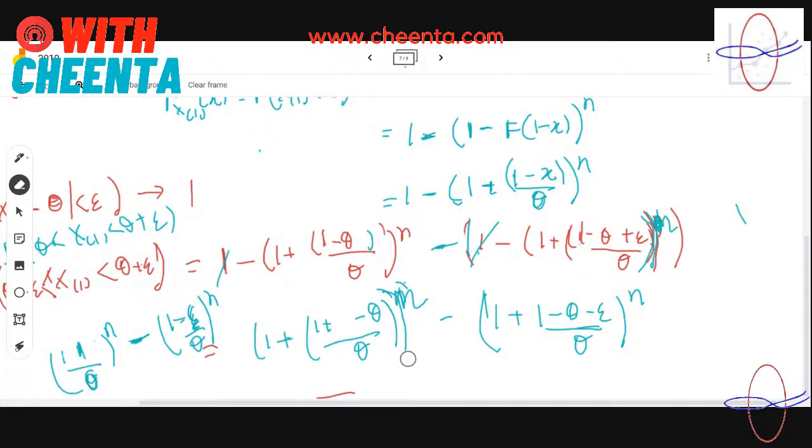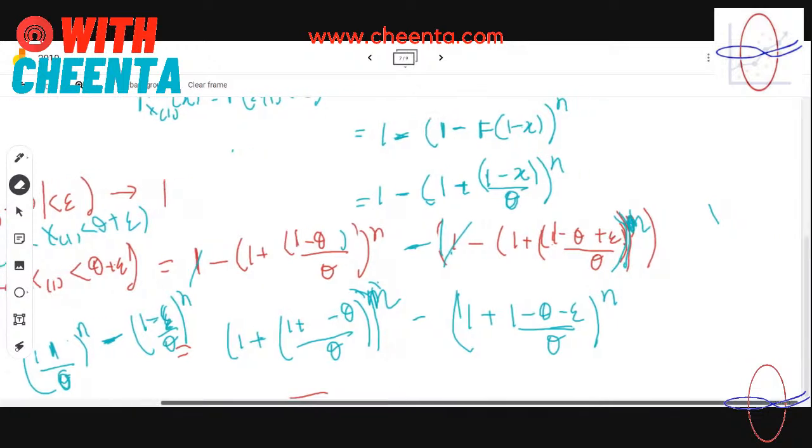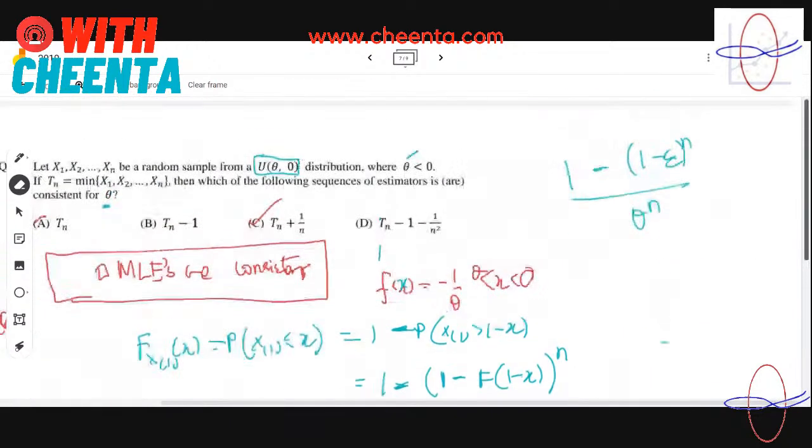And yes, so 1 by theta whole to the power n. But like, okay. Sounds good. But we have been stuck here by theta to the power n. We must show that this goes to 1. I think this theta to the power n will get cancelled somewhere.